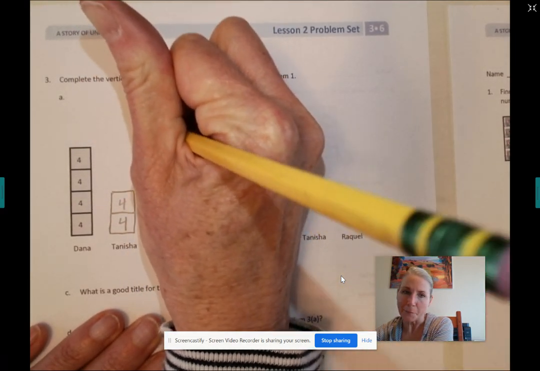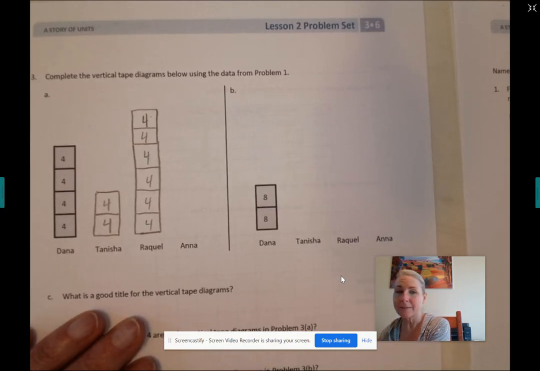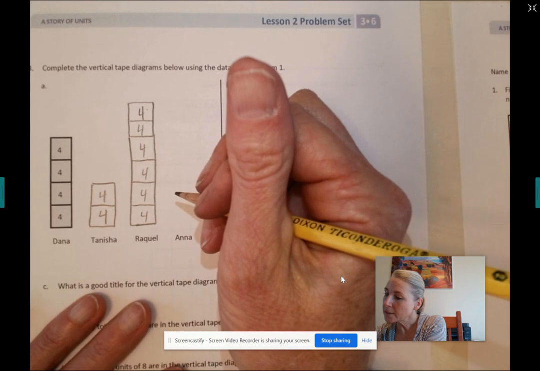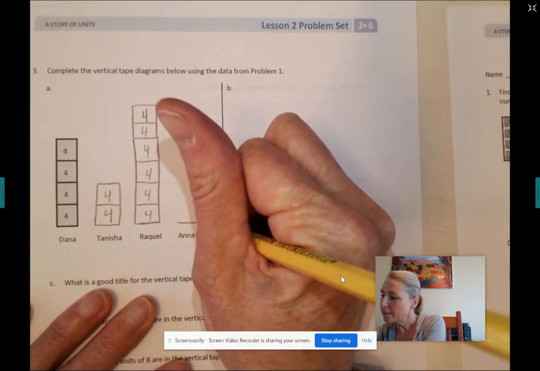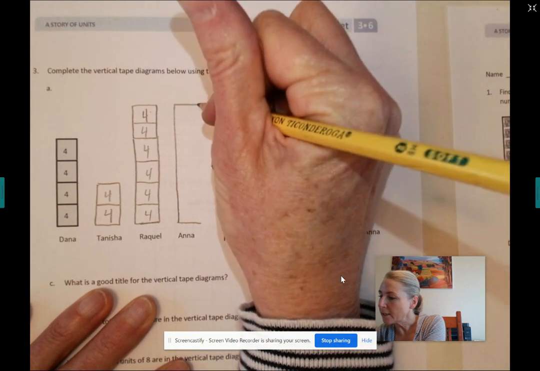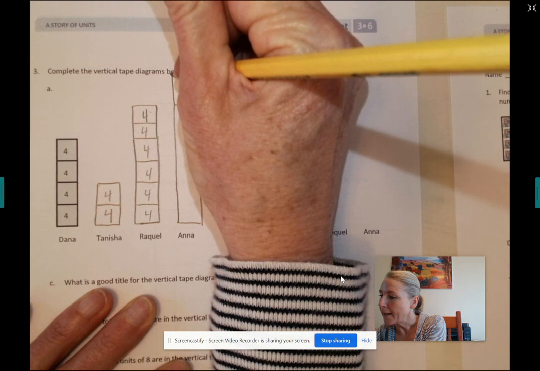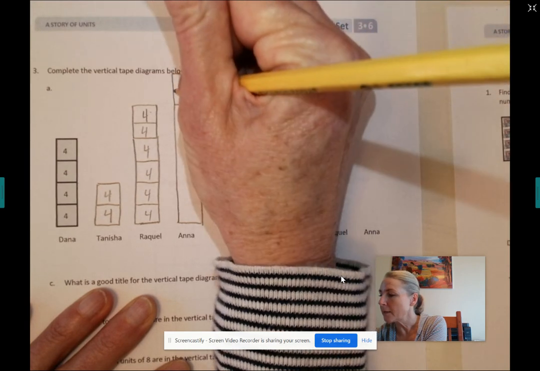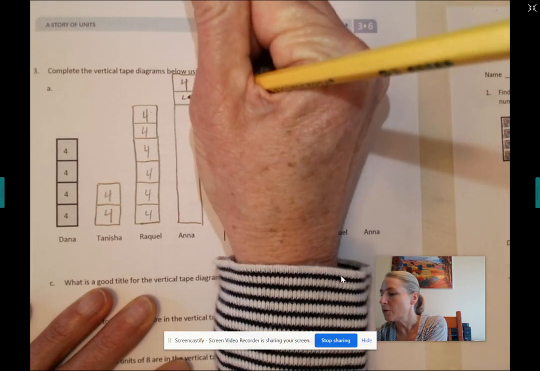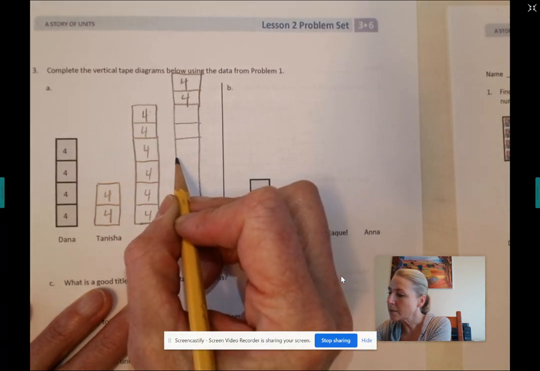Nobody's perfect. And Anna had 8. So I have just enough room for Anna. Anna will come up here. That would be as if she had 6, like Raquel. And then I'd have to push it all the way up here to get those 2 additional boxes. I'm going to pull these across.